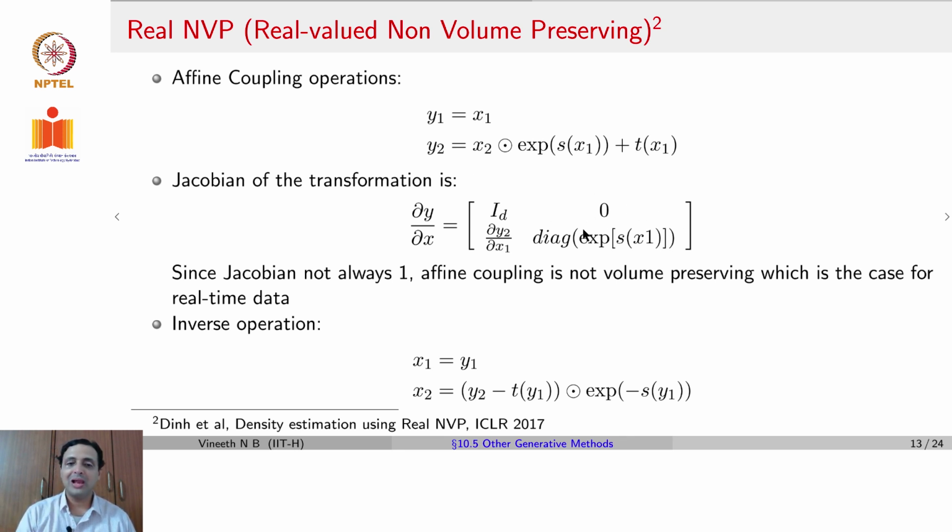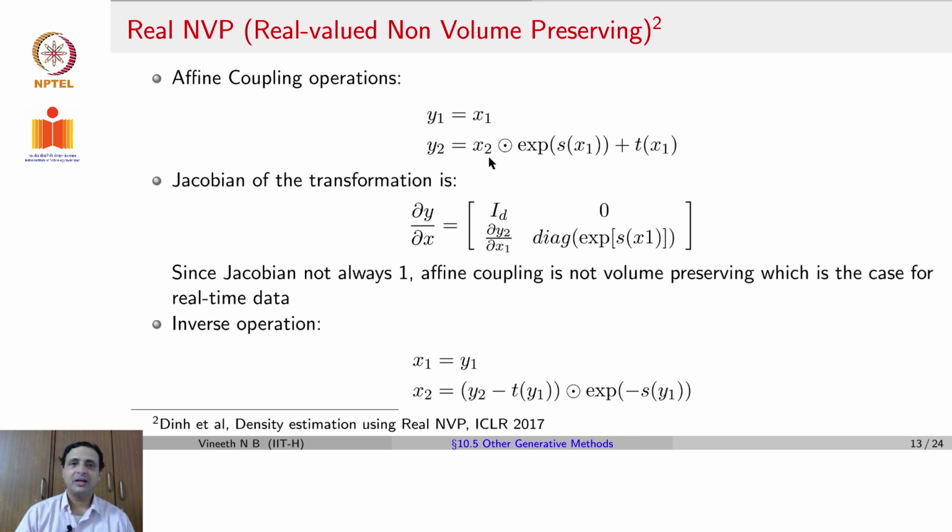So the Jacobian will have the upper triangular entries to be 0, and you would then have in the lower triangle entries dou y2 by dou x1, and the diagonal entry in this case would be diag of exponent of s of x1, because that's what the differentiation of dou y2 with respect to x2 will be. In this case, the Jacobian need not be 1 and hence the transformation may not be volume preserving, which perhaps is more likely in real world data.